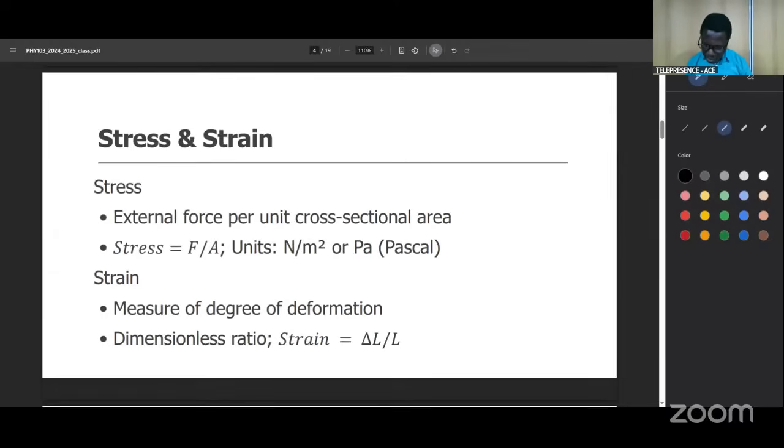Two, can you calculate the strain? Okay, let's first calculate the stress on that material.